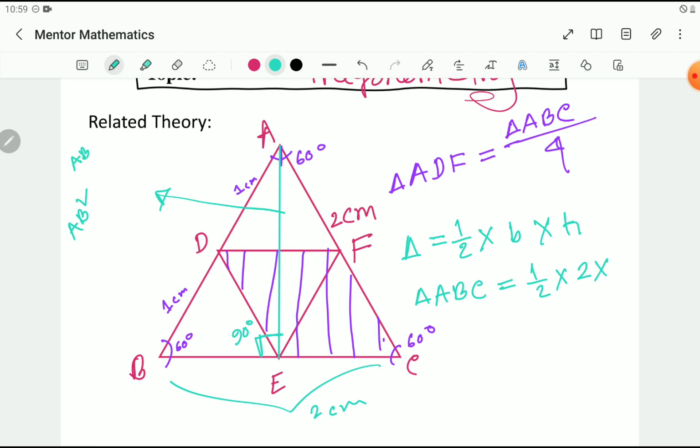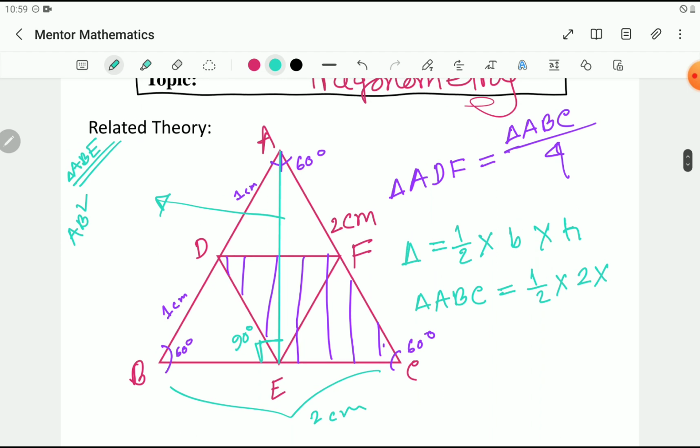From triangle ABE we can write AB square equals BE square plus AE square. We don't know this value, AE square. BE is 1 centimeter, because BE is half of BC.